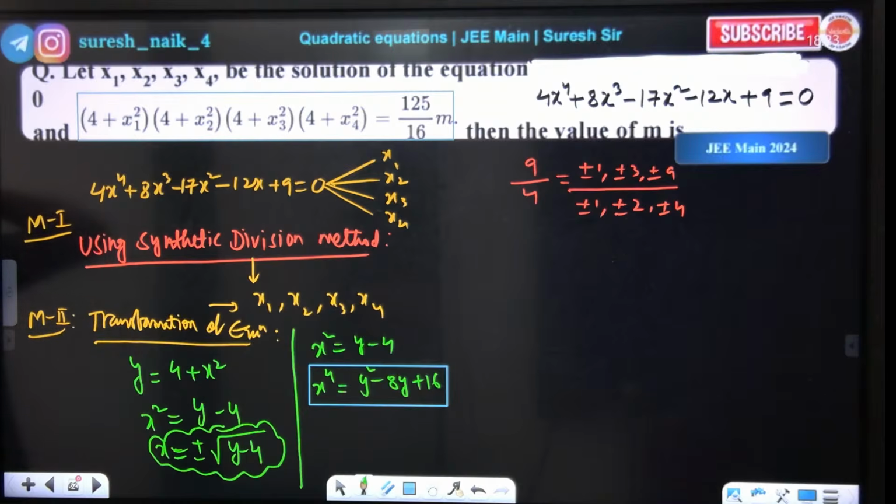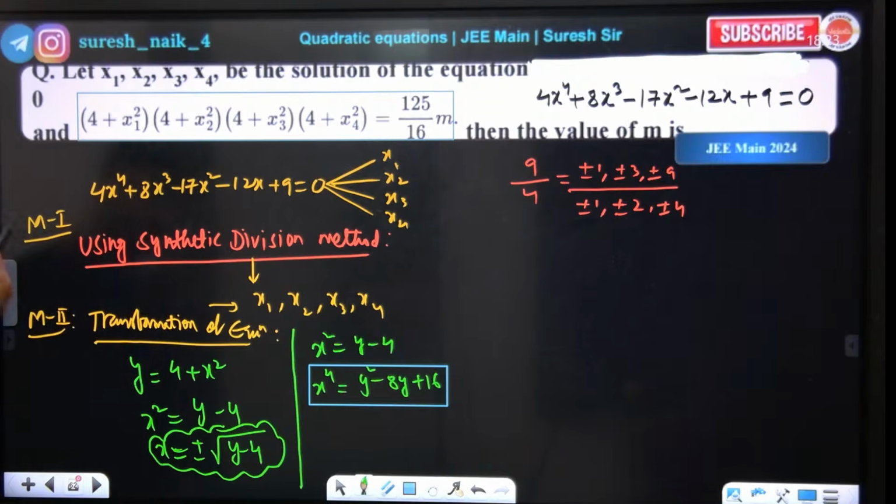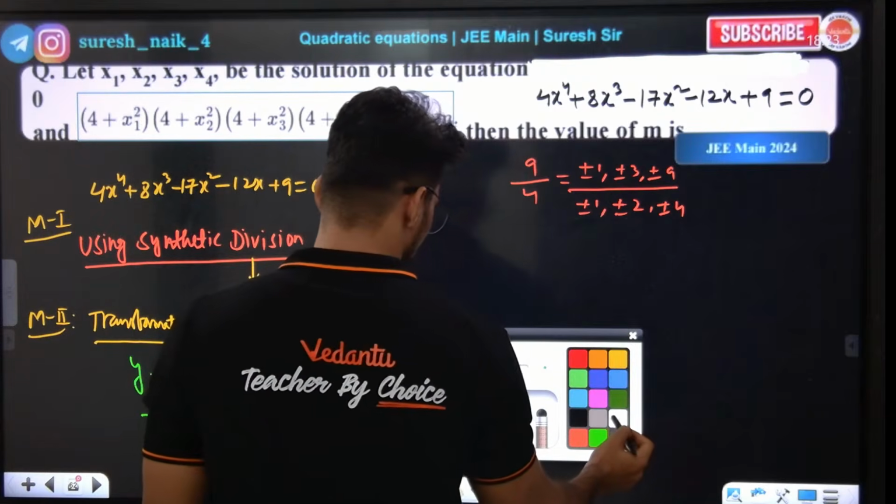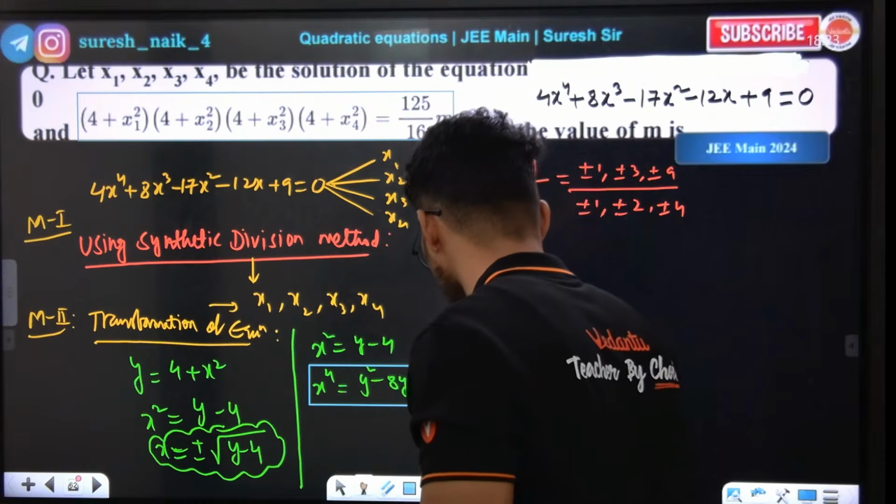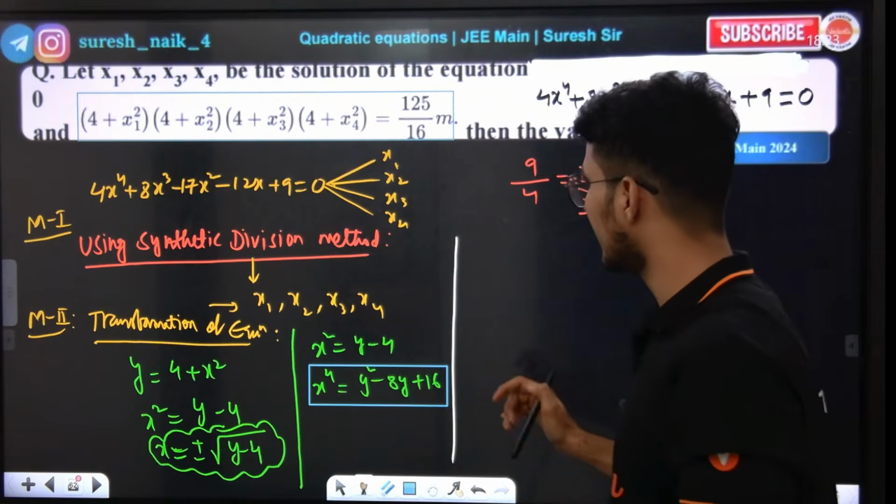Okay, I'll apply one logic here. See, I will do a thing. To clear the doubt of whether to take plus or minus, look at the board.